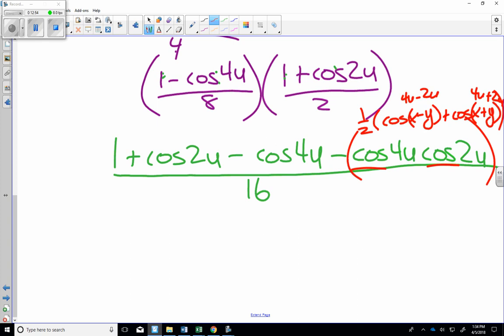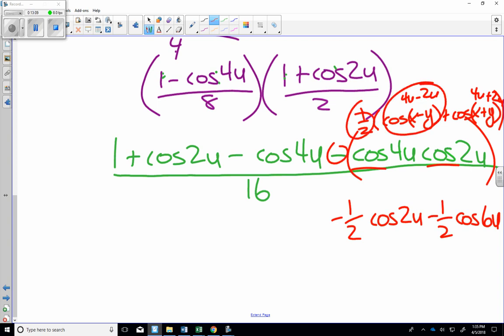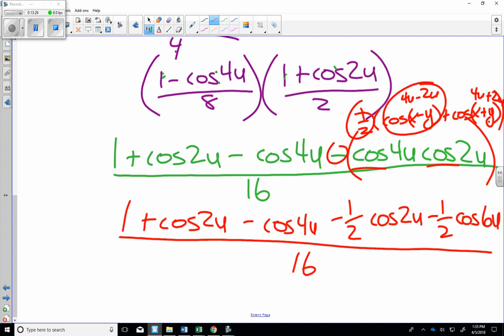So that is a negative 1/2 cosine 2u, and a negative 1/2 cosine 6u, because this is a negative half times this thing, and a negative half times that thing. And then you have minus cosine 4u plus cosine 2u and 1, and that's still all over 16.